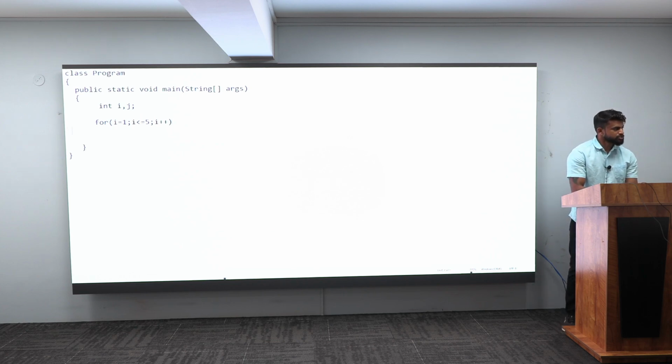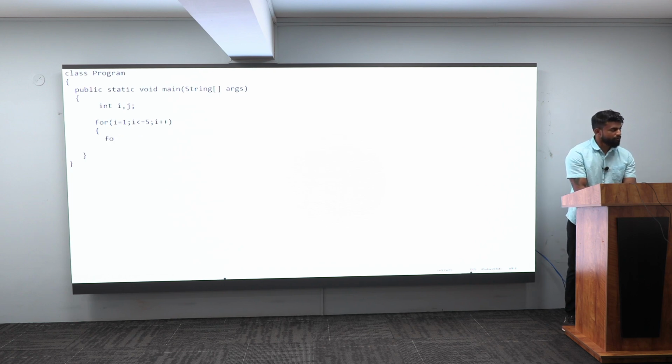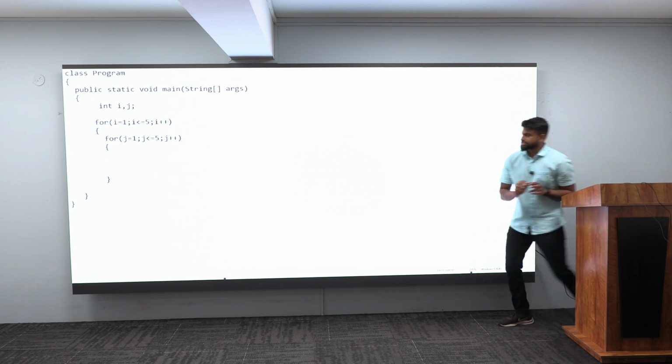Okay, sir. Very good. So when you enter the row, who will welcome next? For stars. Now in this case, it is the columns. Yes or no? For j equal to 1, j less than or equal to 5, followed by j plus plus, like this. But when you are telling this, you should not directly print stars inside this.